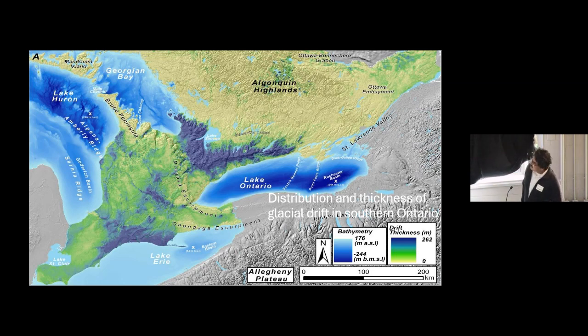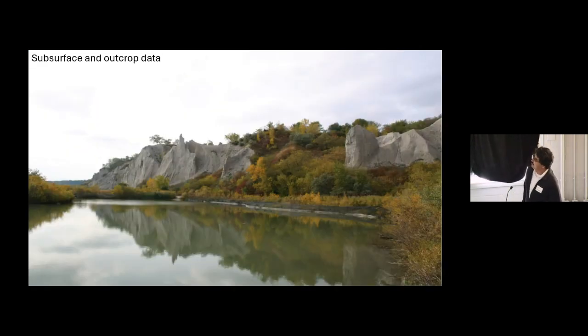We've used data from these valleys, collected by the OGS, in conjunction with outcrop data to generate a depositional systems model for Southern Ontario to make your lives easier. In this model, we've used the principal stratigraphic units from the Scarborough Bluffs area to generate a composite stratigraphy of Southern Ontario.